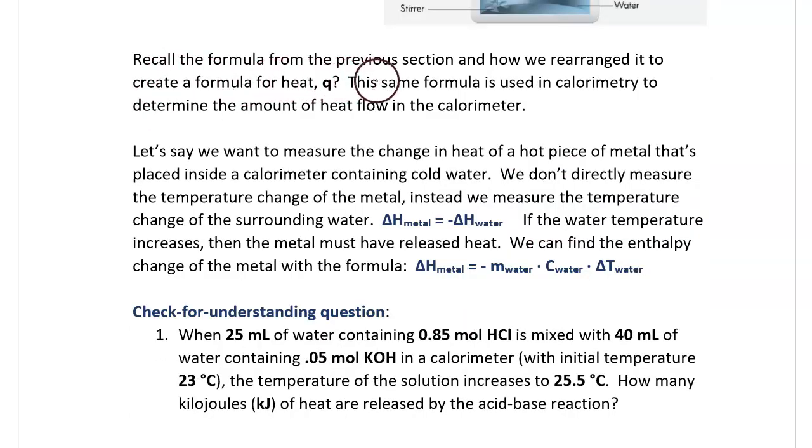Recall the formula from the previous section and how we rearranged it to create a formula for heat. The same formula is used in calorimetry to determine the amount of heat flow in the calorimeter. This paragraph right here describes how you use a calorimeter. And I described this earlier in the case of the styrofoam cup calorimeter.